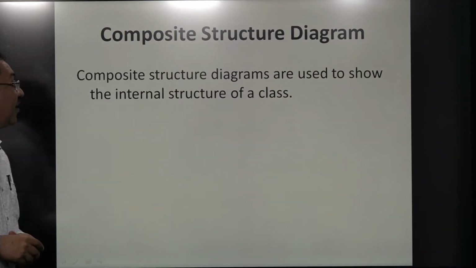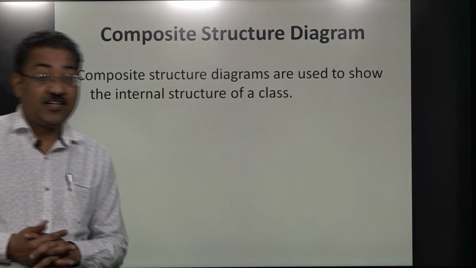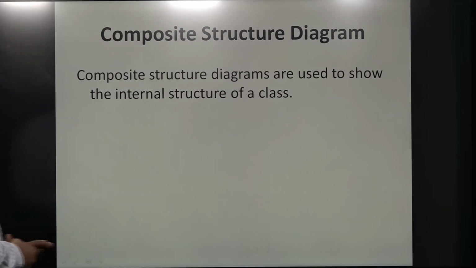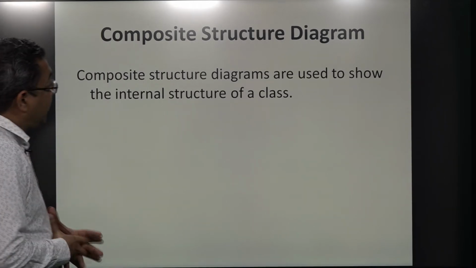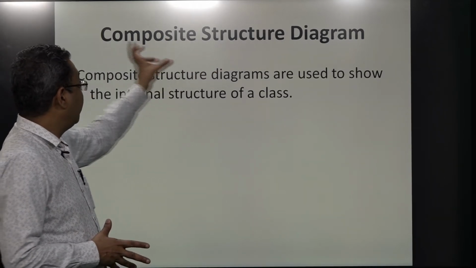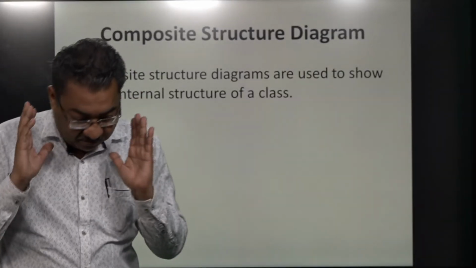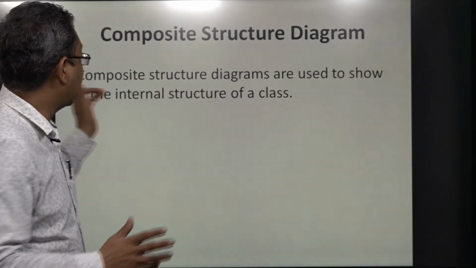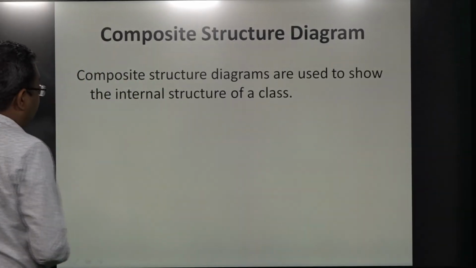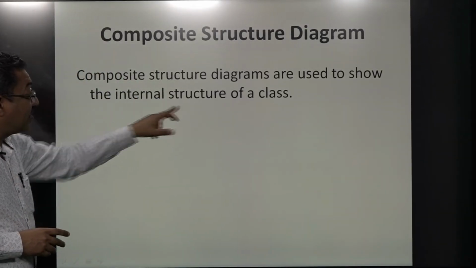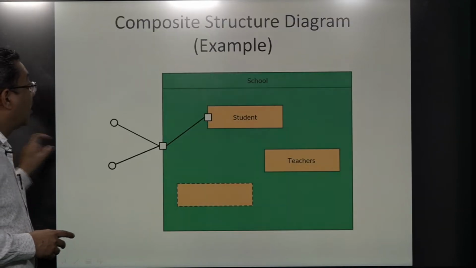Next comes the composite structure diagram. Composite structure, as the name suggests, it is a structure diagram. It is the diagram for the structure, but it is composite in nature, right? So it shows the internal structure of a class.